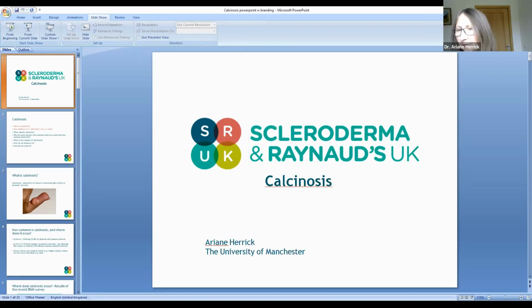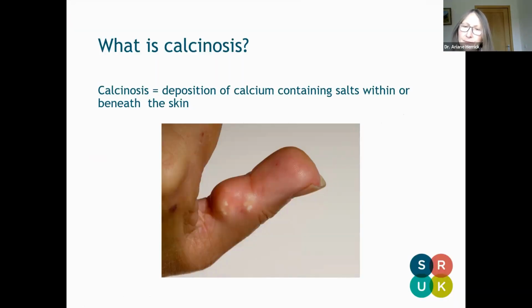Sometimes it's not so obvious, but in this example, it is very obvious. This is what happens, that you get these lumps forming underneath the skin. Here's an example of calcinosis of the thumb, and I'm sorry that you weren't seeing it the first time around. When you see these lumps beneath the skin, in this particular example, you can actually see the calcium beneath the skin. That doesn't always happen, but has on this occasion. Next.